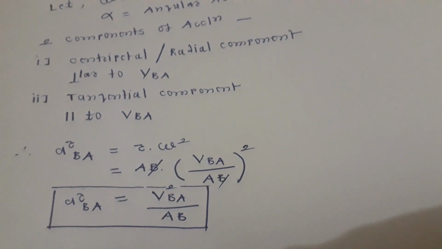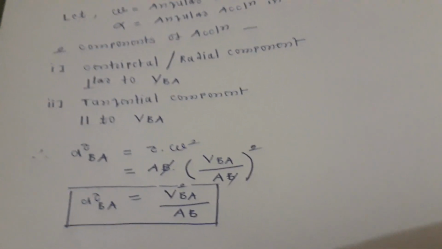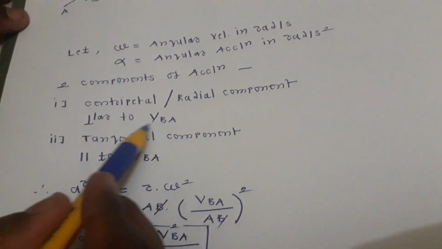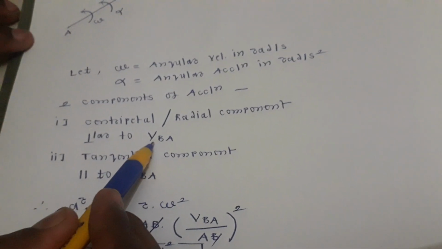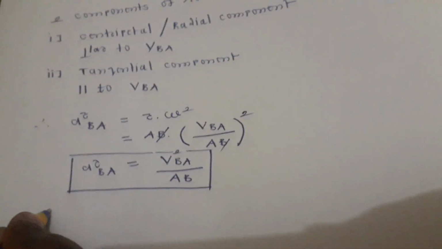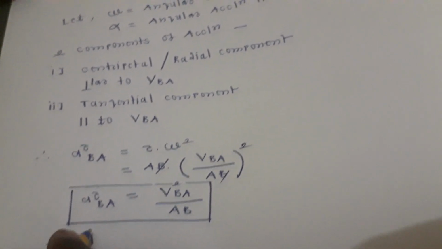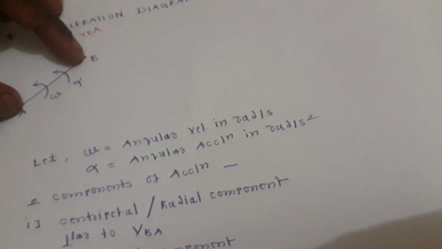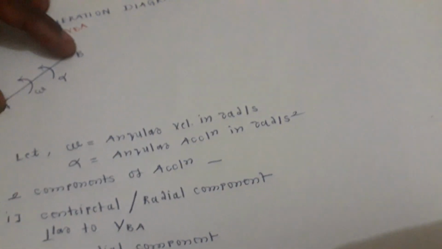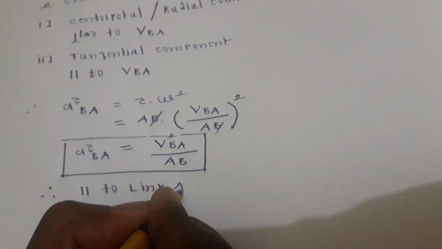Now for its direction: it is perpendicular to the velocity of B with respect to A. In other words, it is parallel to the link AB.